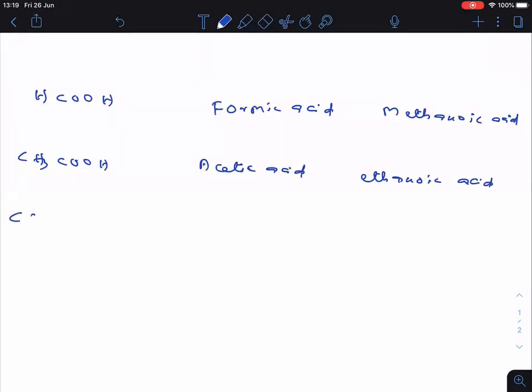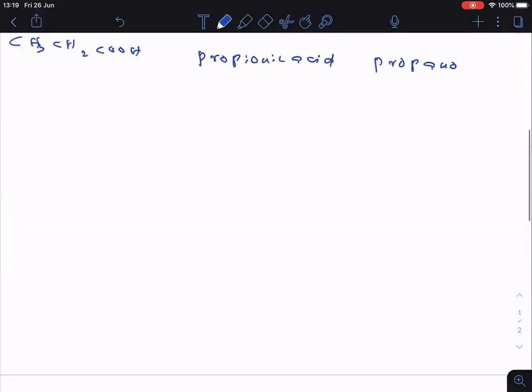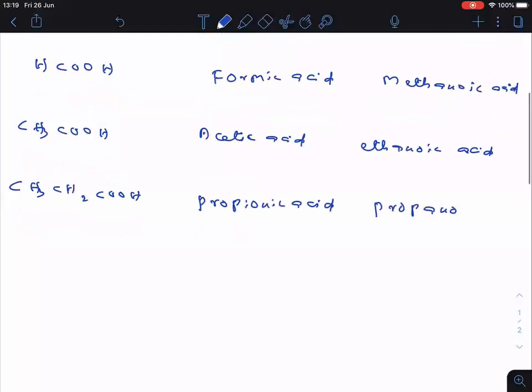If I take now 3 carbon atoms, CH3CH2COOH, the common name is propionic acid, whereas its IUPAC name is propanoic acid.